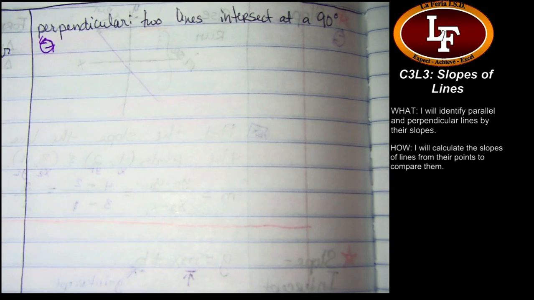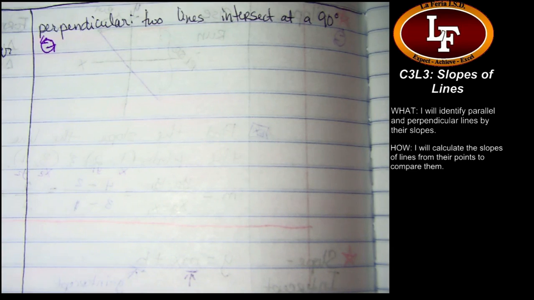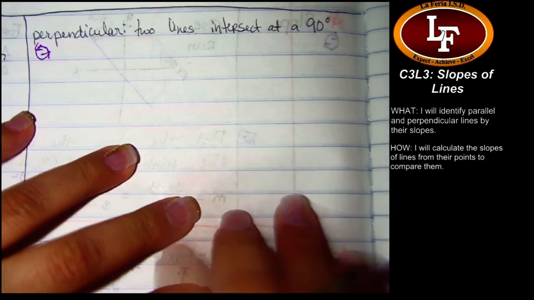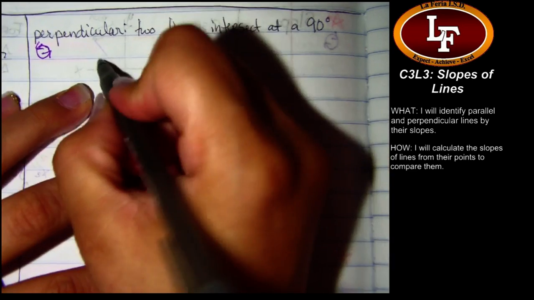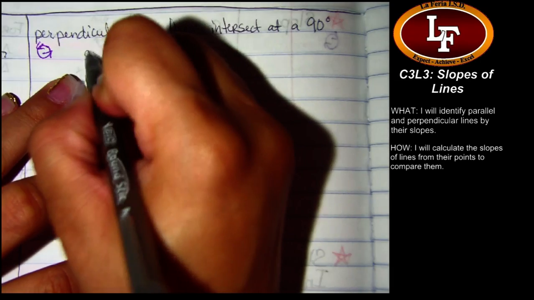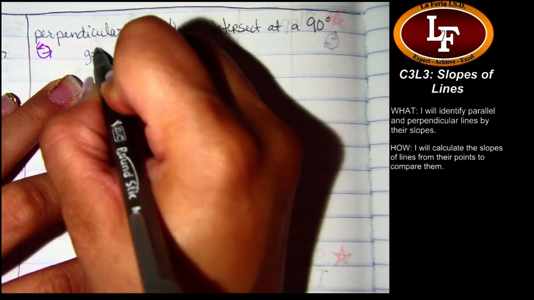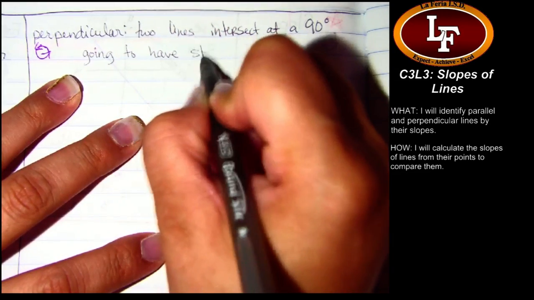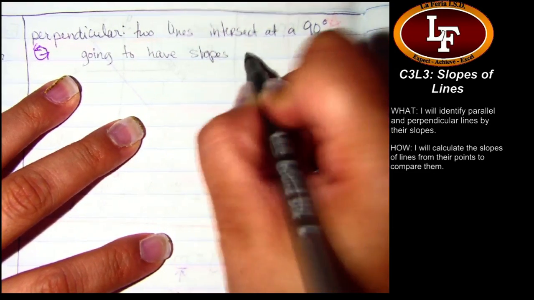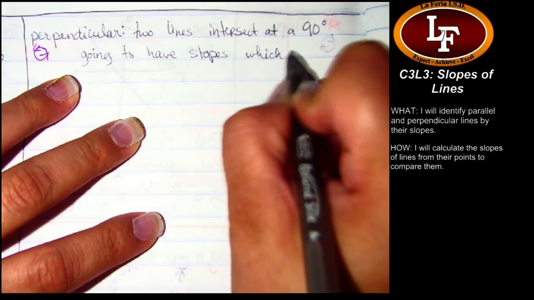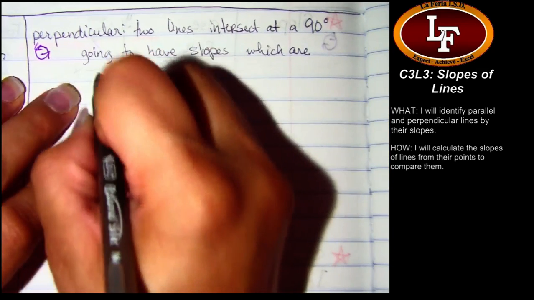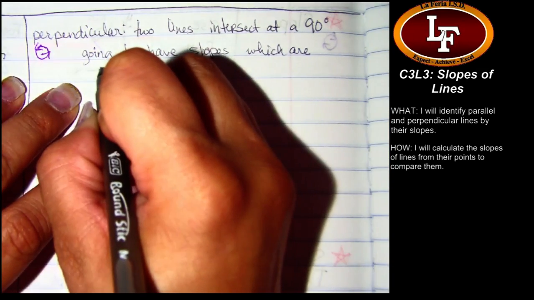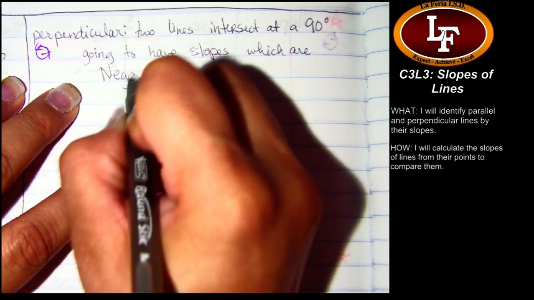But when we're on that XY coordinate plane, we can say one more thing. Not only are they going to intersect at a 90-degree angle, but they are also going to have slopes which are negative reciprocals.